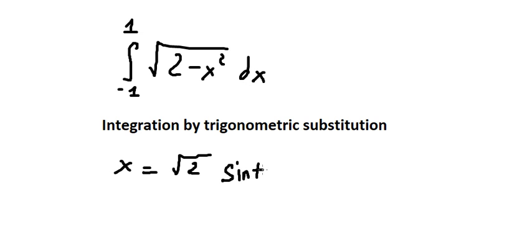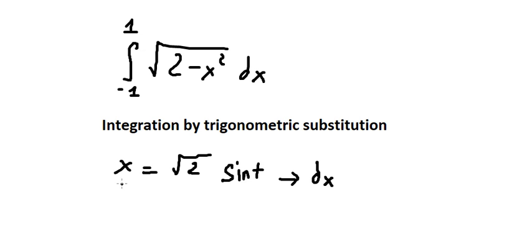Because if I put this one in here, we have 2 sine t squared, 2 minus 2 sine squared t. We can do factorization: 2 times 1 minus sine squared t, we change for cosine squared t, and later we simplify the square root.